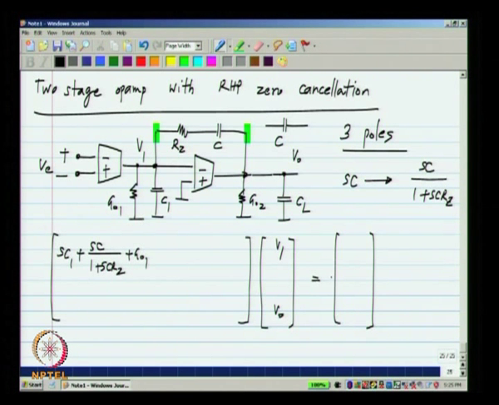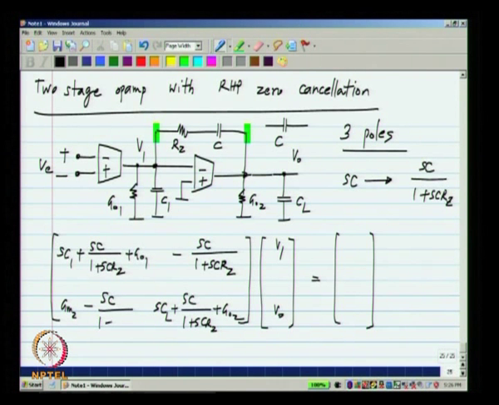that is the total admittance loading the first node, total admittance loading the second node, like that, and then here we will have, and finally there we will have the source vector remains the same.